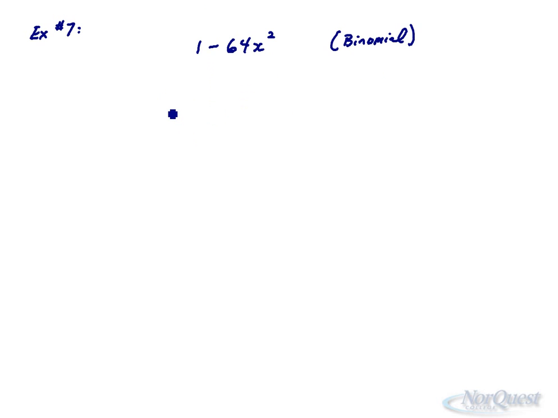So the square root of 1 is 1. The square root of 64x squared is 8x. So I write this as 1 plus 8x, 1 minus 8x. And again, if you wanted to check, I'll show you how to check the first one. We already know from expansion and multiplying polynomials that if we have identical terms with opposite signs, your middle terms will cancel.